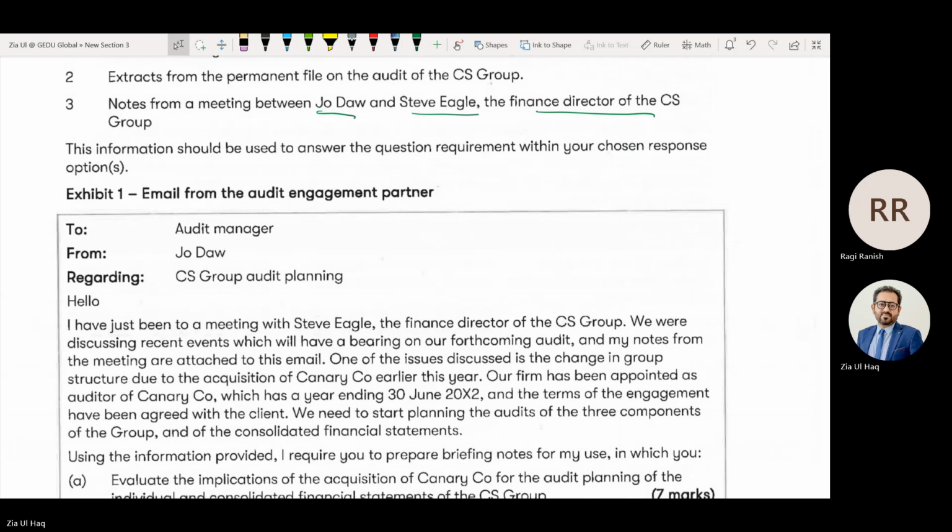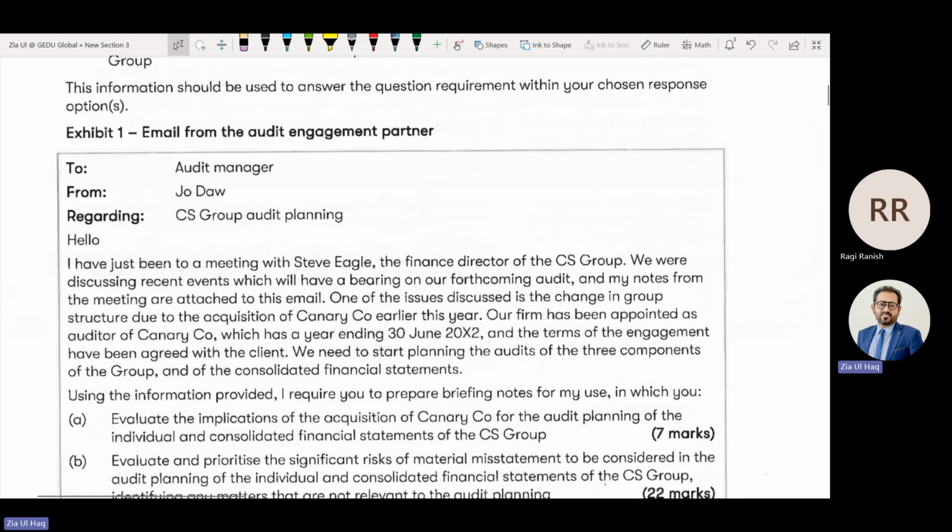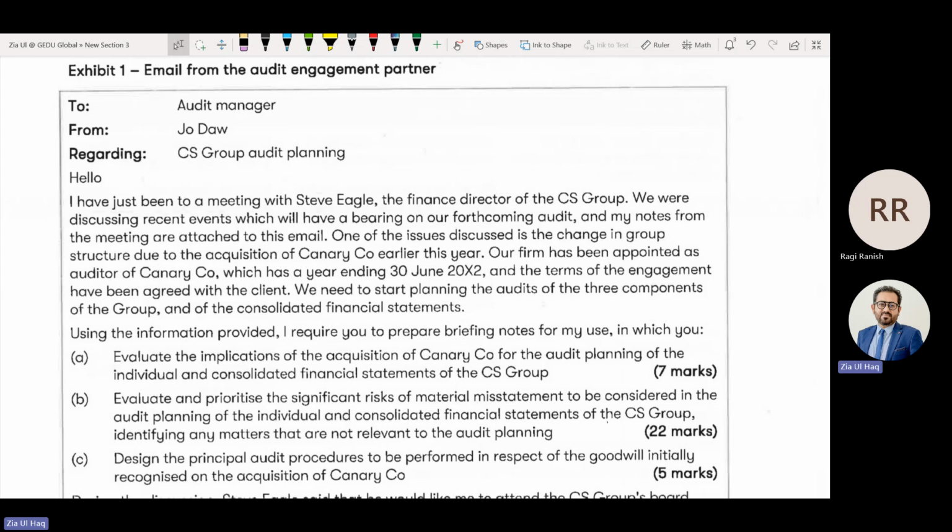Okay. To the audit manager from the partner regarding CS group audit planning. Hello, I have just been to a meeting with Steve Eagle, the finance director of the CS group. We were discussing recent events which have a bearing on our forthcoming audit.